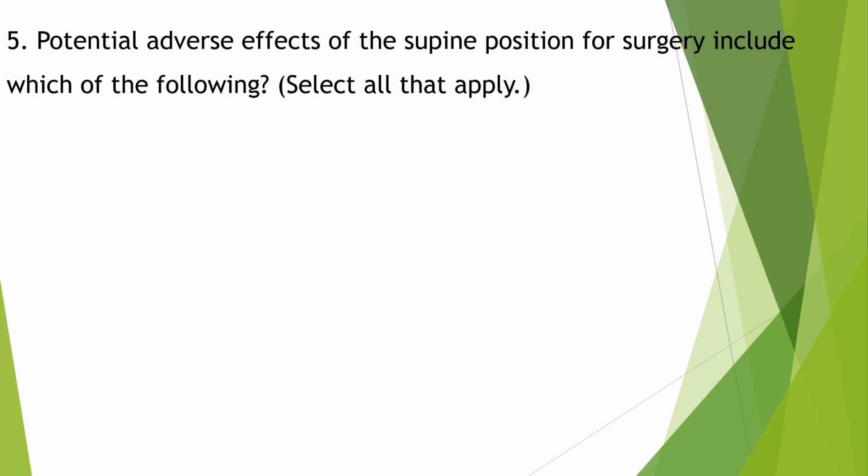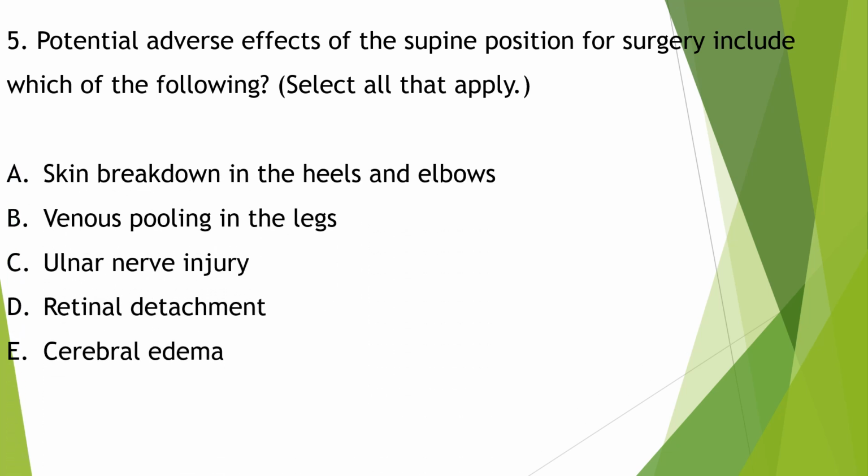Potential adverse effects of the supine position for surgery include which of the following? Select all that apply. Skin breakdown in the heels and elbows, venous pooling in the legs, ulnar nerve injury, retinal detachment, cerebral edema. Each surgical position carries some degree of risk that is magnified with the anesthetized patient.